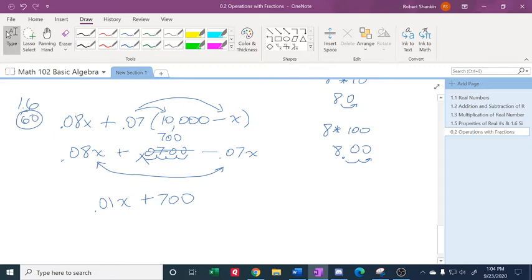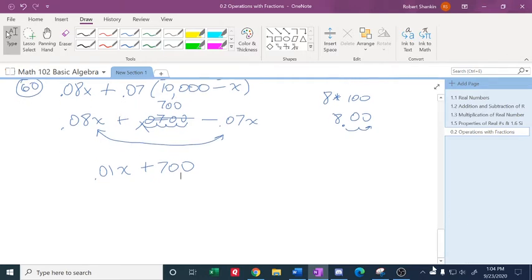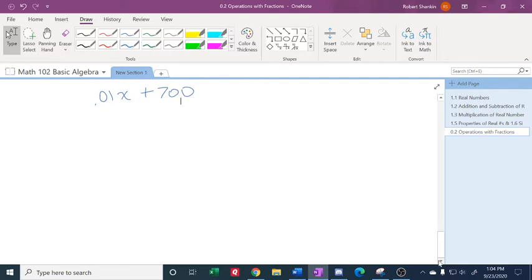Yeah, number 69 of the same assignment, 1.6. I get really thrown off when there's multiple negatives and subtraction signs.